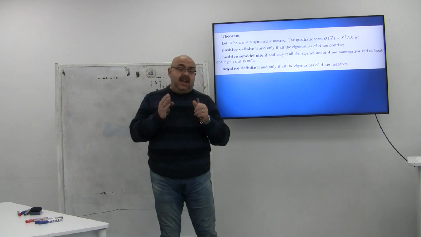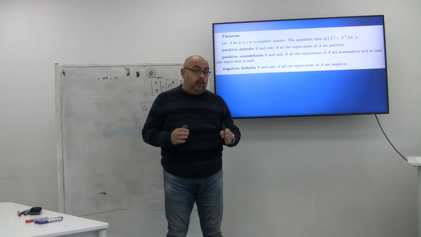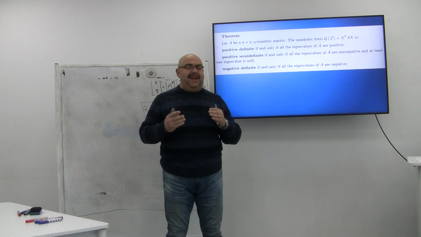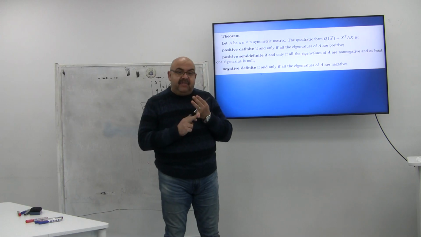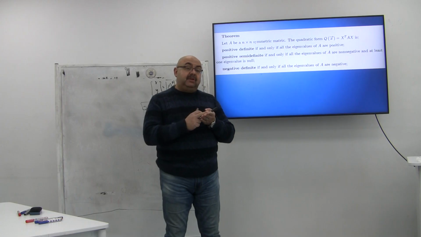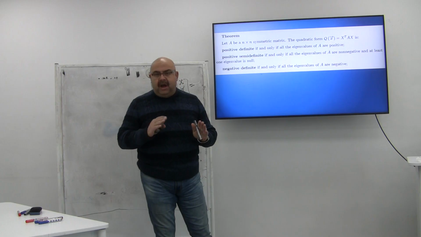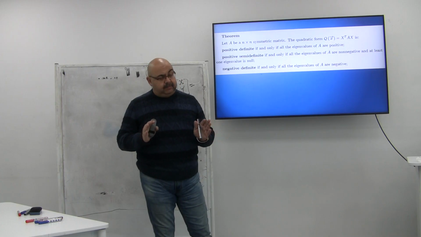So if I have the eigenvalues of the matrix corresponding to a quadratic form, I can classify it as positive definite, positive semi-definite, negative semi-definite, or indefinite. Really very simple, once you have its eigenvalues.